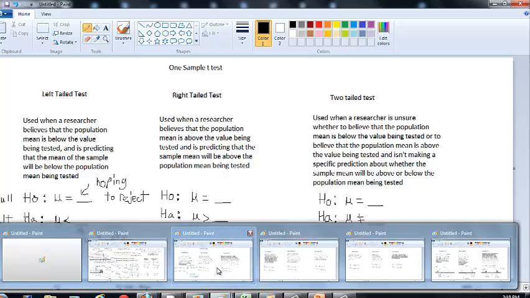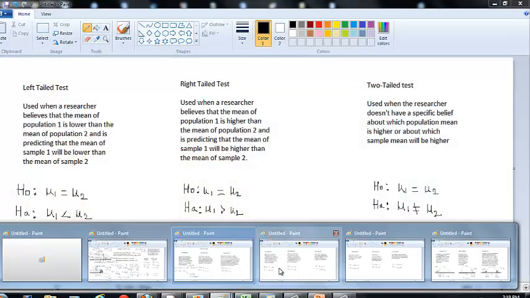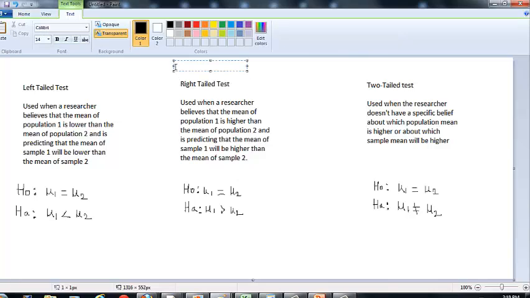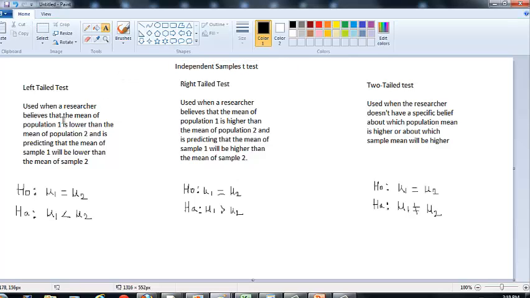Let's also look at the independent samples t-test. In a left-tailed test, the researcher has a reason to believe ahead of time, before the study, that the mean of population 1 is lower than the mean of population 2.